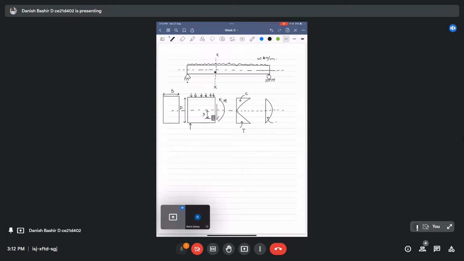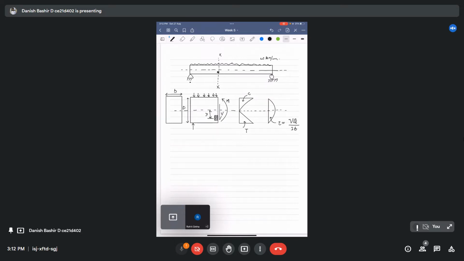Tau, the shear stress, will be given by V, the shear force at this section, into Q, divided by I B. Q is A into Y bar, the area of this section multiplied by the distance from the neutral plane.